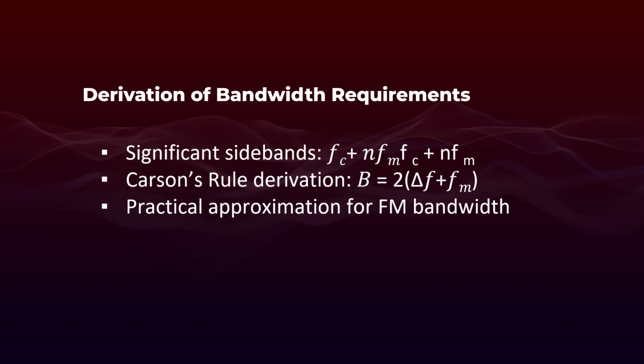The significant sidebands are those within the range of the peak frequency deviation del F. Thus, the total bandwidth can be accommodated by considering the highest frequency component, which is fc plus del F plus fm. Doubling this range to account for the negative frequency gives us Carson's rule, that is, the bandwidth is equal to twice of del F plus fm.